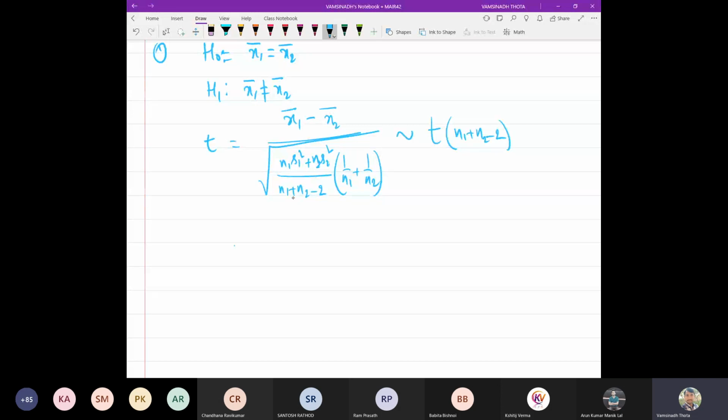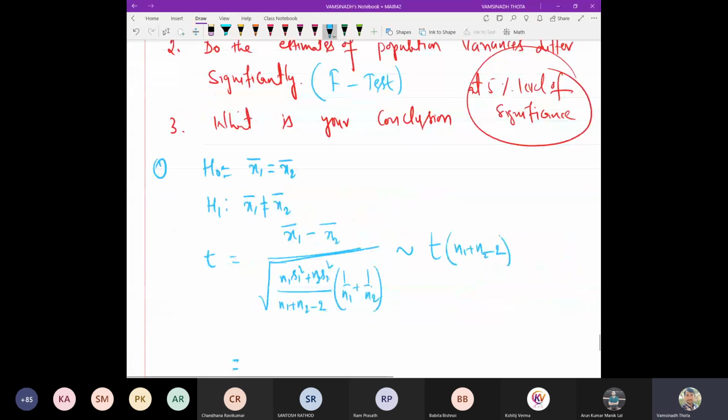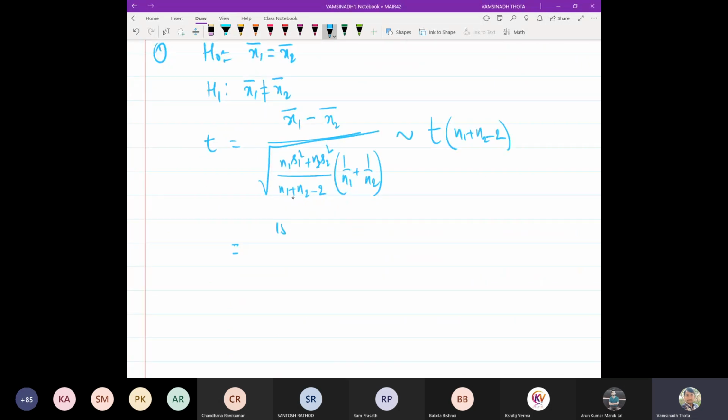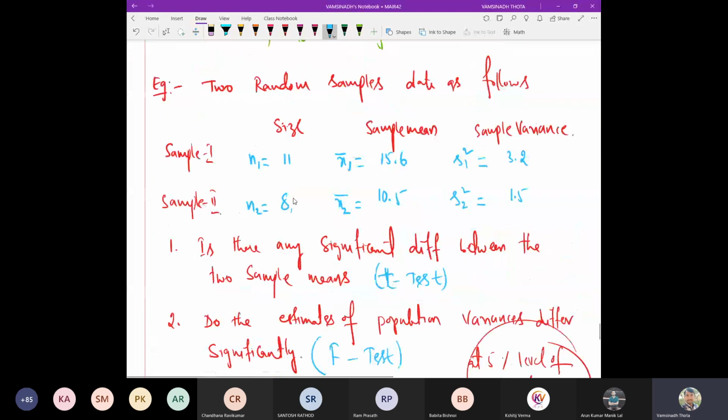Now could you please evaluate and give me the value, what is the t value here? x1 bar is 15.6 and x2 bar is 10.5. So 15.6 minus 10.5 upon the square root of n1 and n2, 11 and 8.